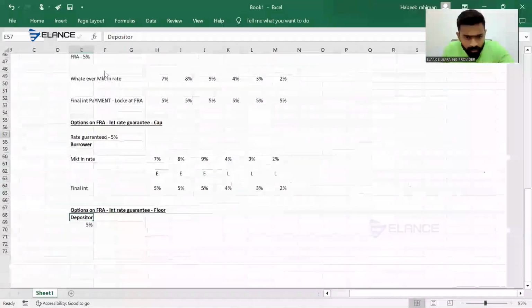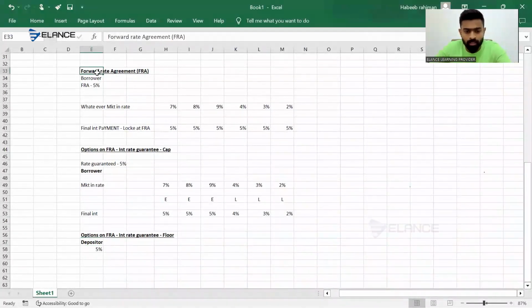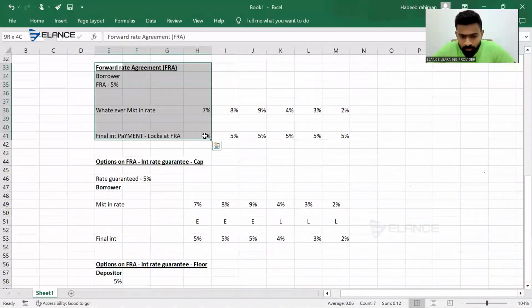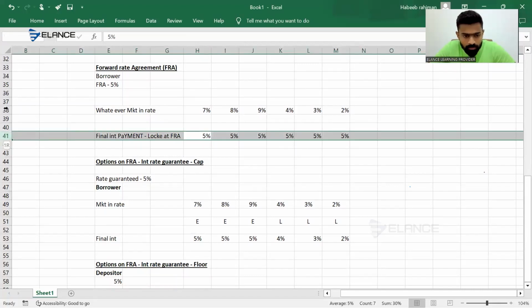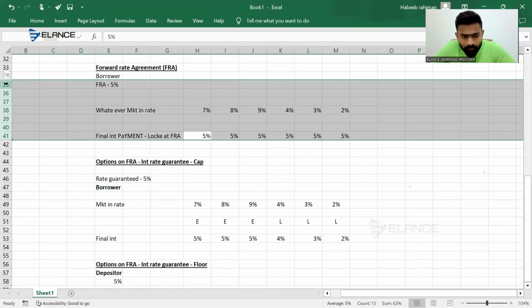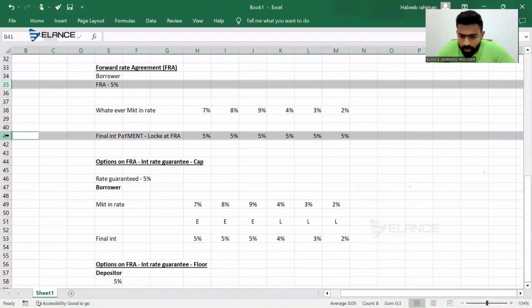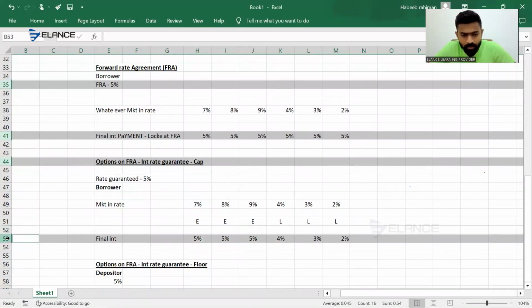If we took FRA, that means we are locked. We are locked at 5. If we took cap, that means the interest rate won't go more than 5%.